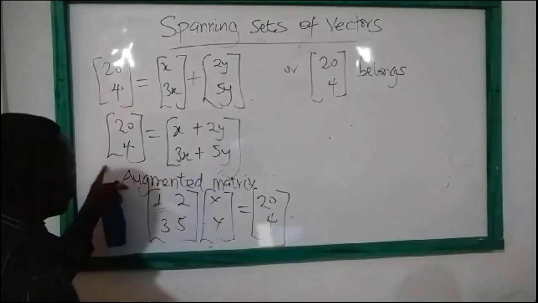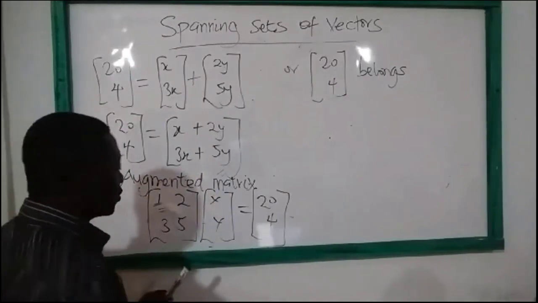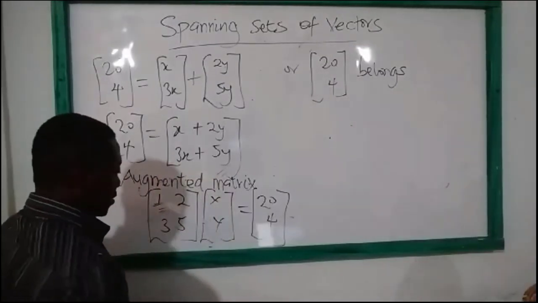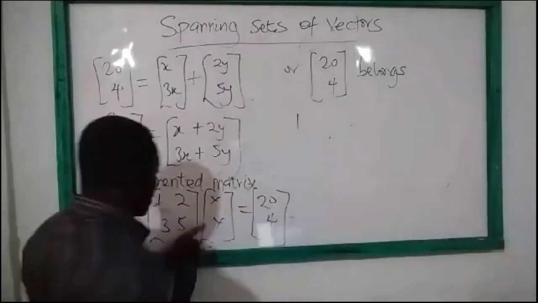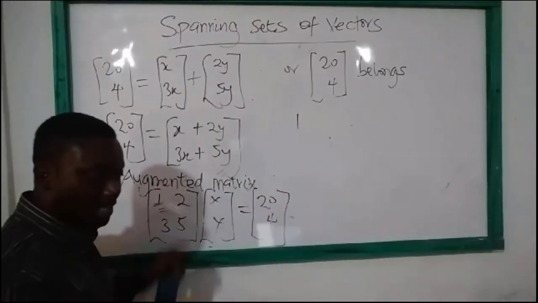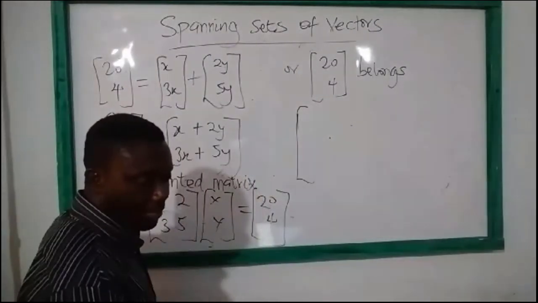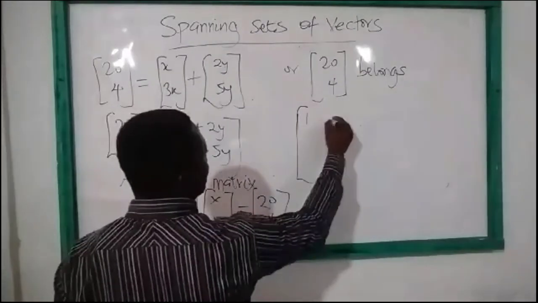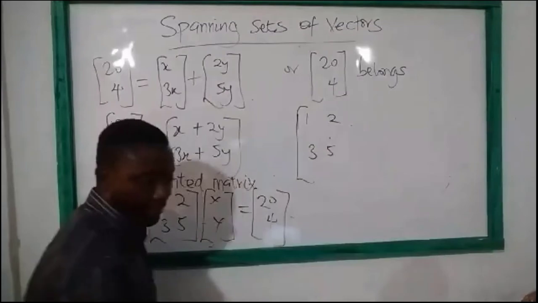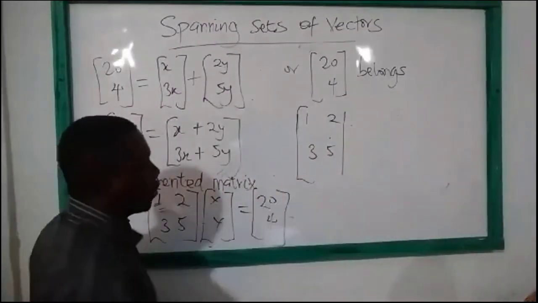Write it before or after, it's still the same thing. From here, we interchange the vector (x, y) to replace (2, 4), and then it forms the augmented matrix: [1, 2; 3, 5] augmented with (2, 4).